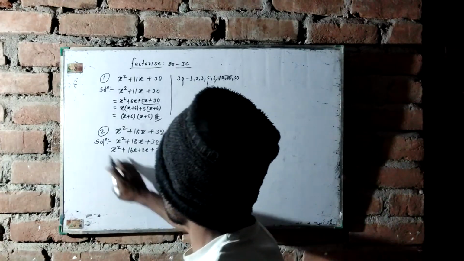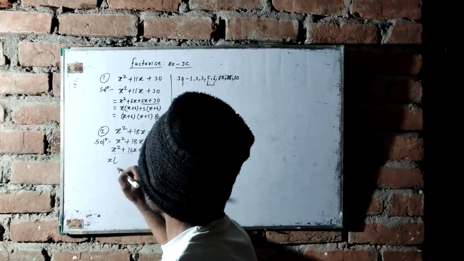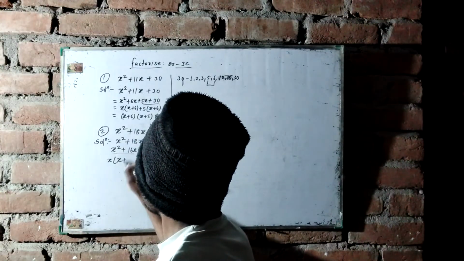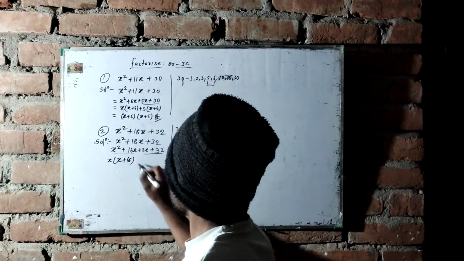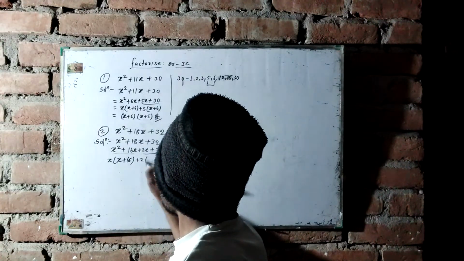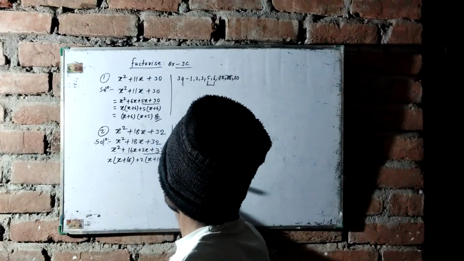Now we can take common x as a multiple x plus 16, and we can take common 2, and we can write x plus 16 as a multiple.